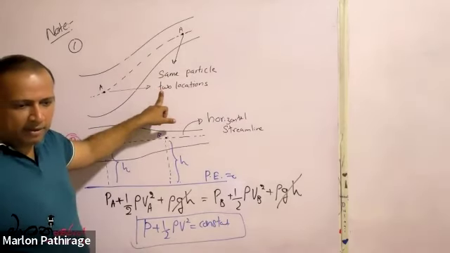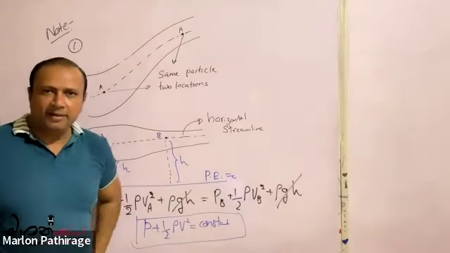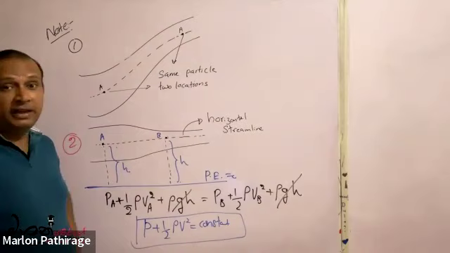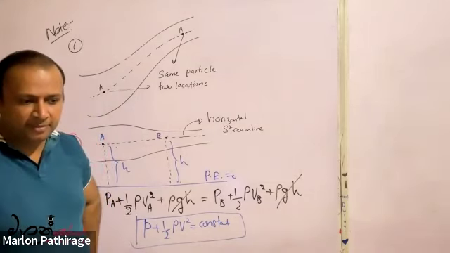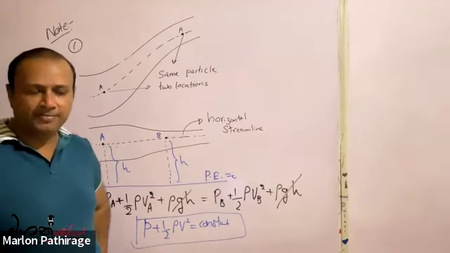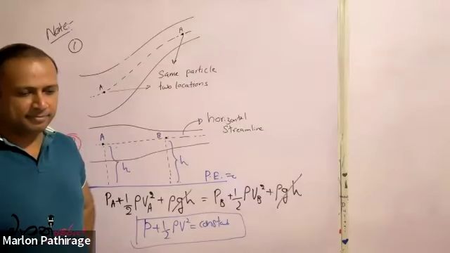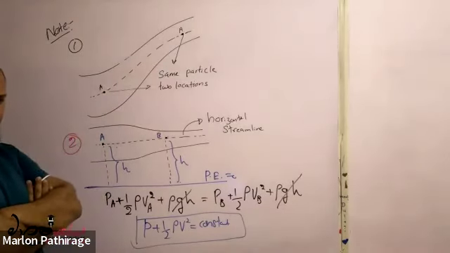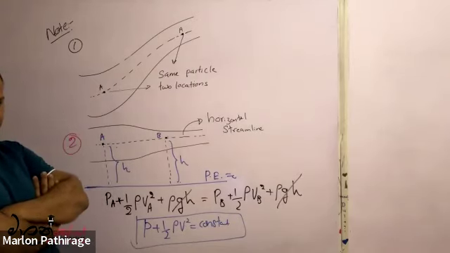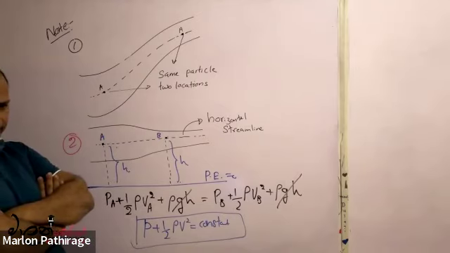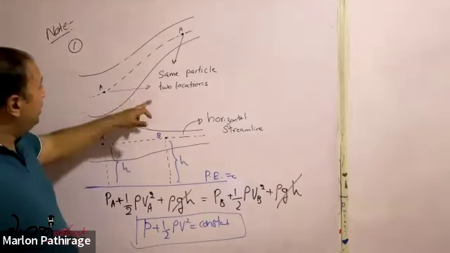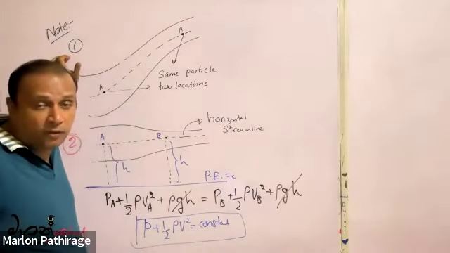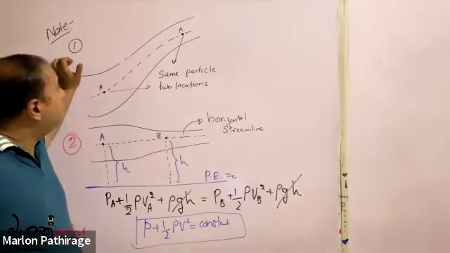In the first note, I think I did not mention that we cannot apply Bernoulli's equation for two locations in two different streamlines.